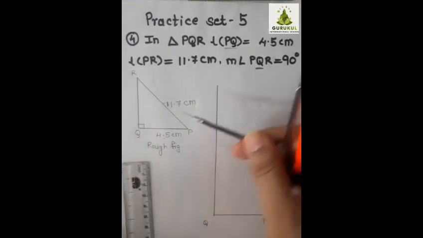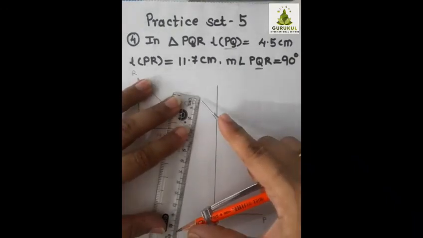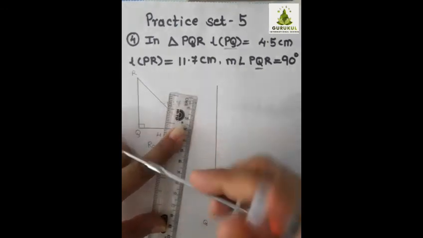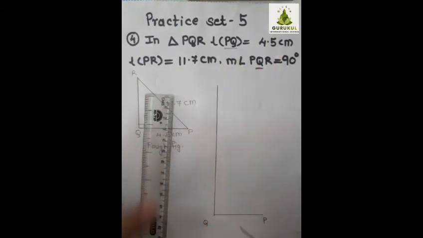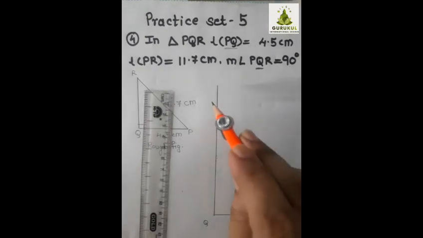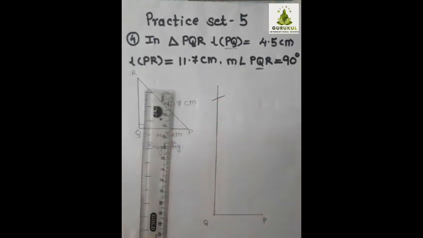So take a distance of 11.7 in your compass, measure with the scale exactly 11.7 and place the pointer on point P and draw the arc which intersects this ray, correct?